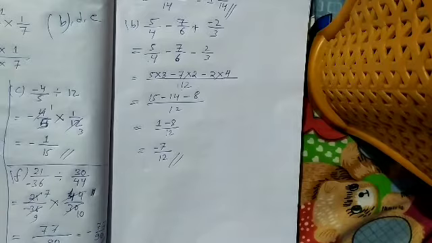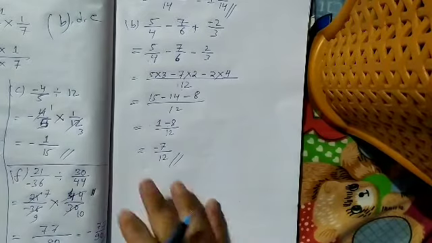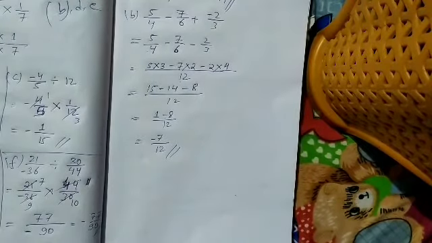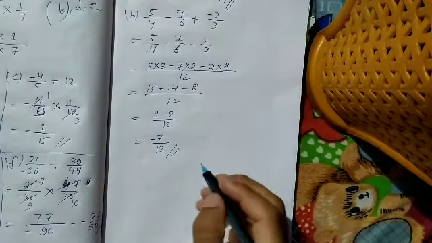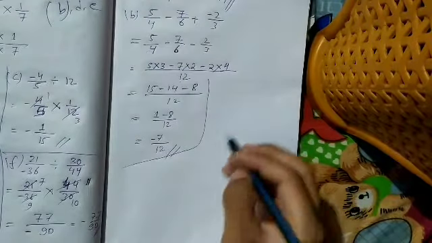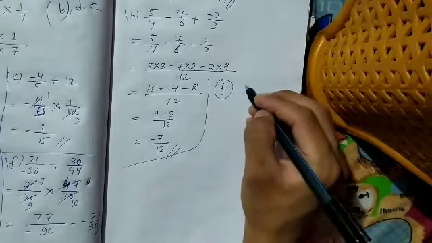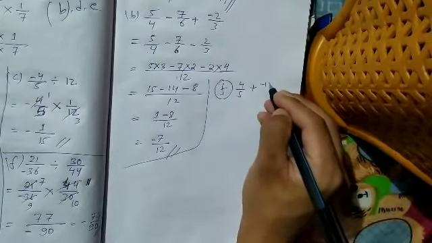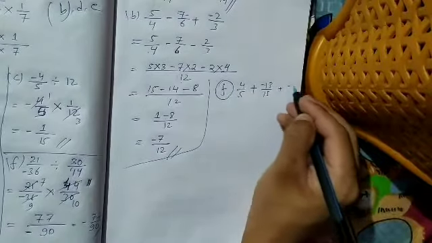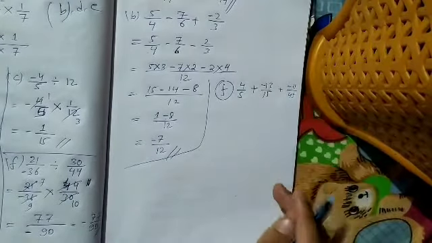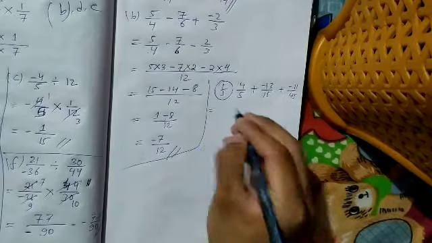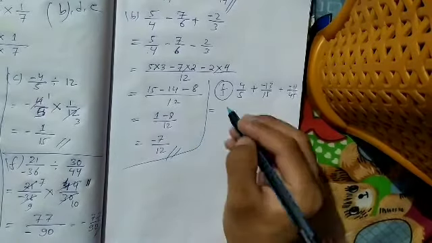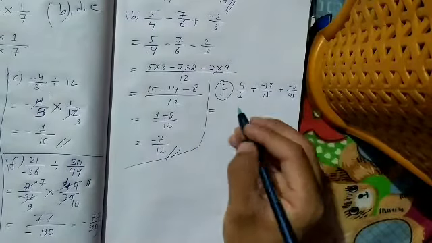Okay, in a similar way you can do number C, D, E as your homework. I'll do F, others you will do yourself. So I'll do number F. Question number F is 4 by 5 plus minus 13 by 15 plus minus 11 by 45. Because we have two signs here and here, we have to make it 1.